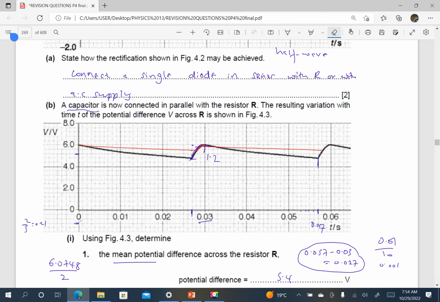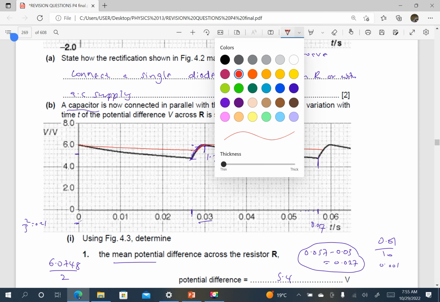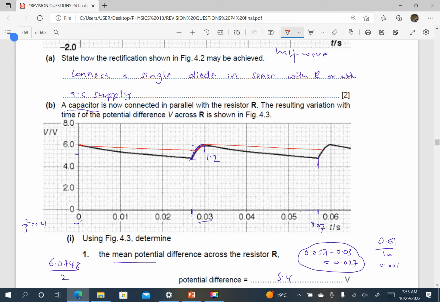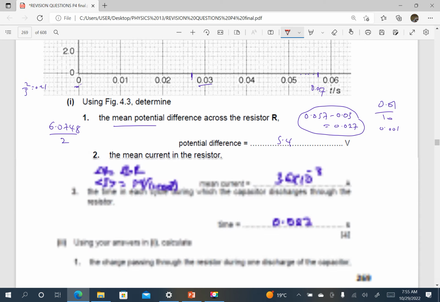Sorry, this is not very good. So that is what we shall have. There is more smoothing. In other words, the fluctuations reduce, the ripples reduce, as shown there.